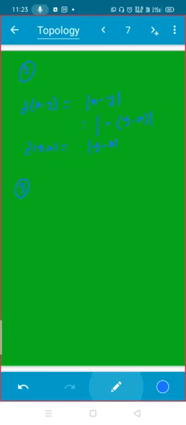Third property, who is going to tell me? How will you prove it? Triangle inequality we have already proved in the case of real numbers. We know that mod of x plus y is always less than or equal to mod x plus mod y, correct? And how did you prove it?